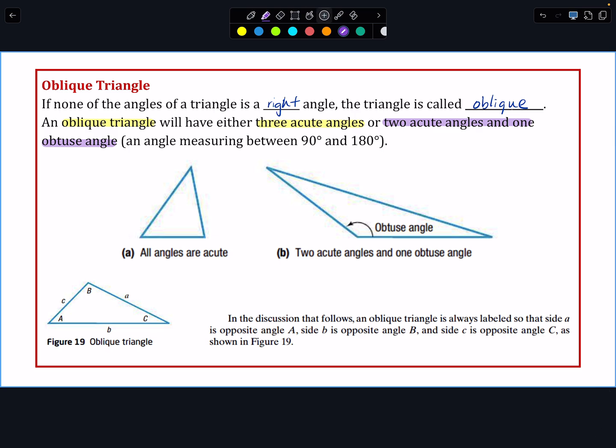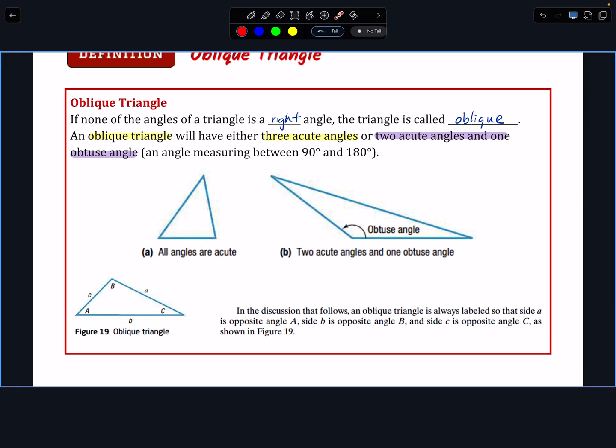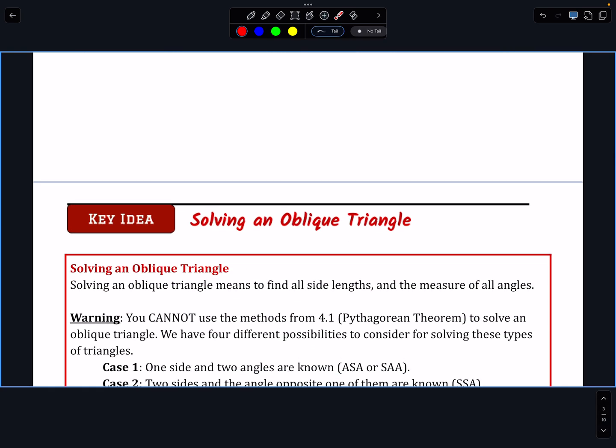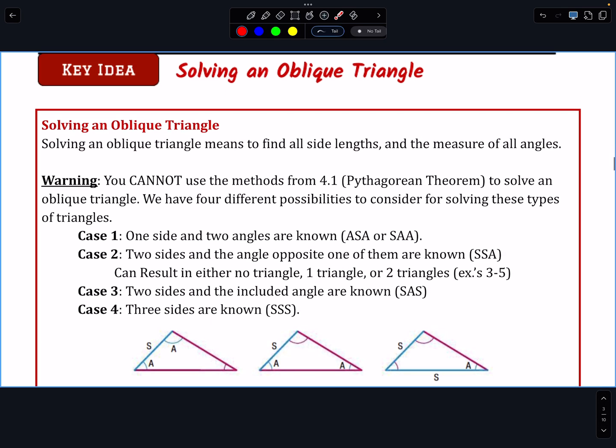So this is the first case if all 3 angles are acute. Second case if 2 of the angles are acute, and then we just have 1 large angle. So pretty straightforward. All right, so how do we solve this?